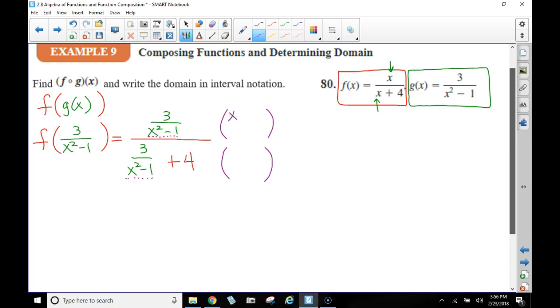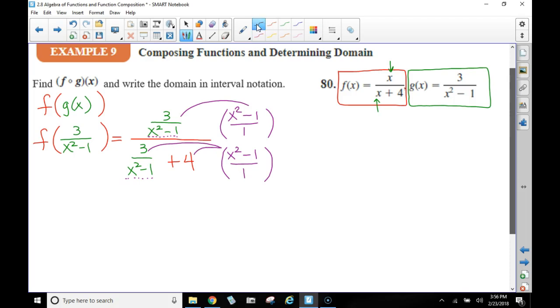So I'm going to multiply by x squared minus 1 here, as well as in the denominator. And I'm just writing those over 1s so that you will see when we multiply the denominator, we've got to multiply both terms in the denominator.